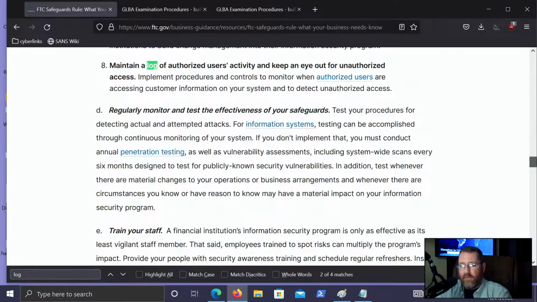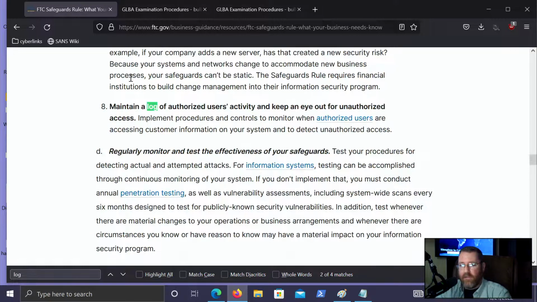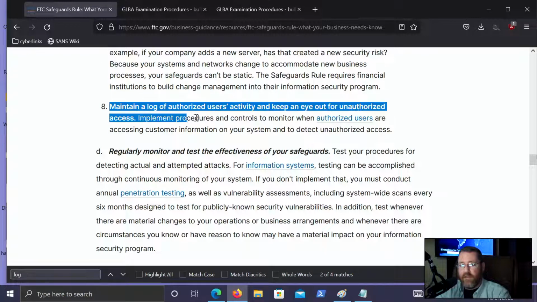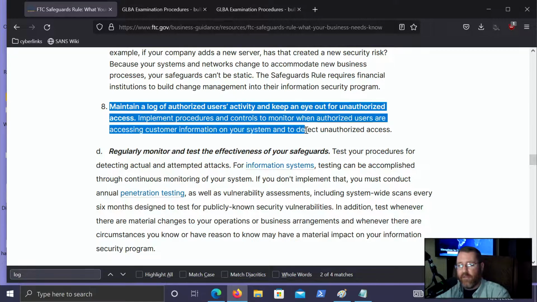Specifically what we're talking about here is logs. Maintain a log of authorized users' activity and keep an eye out for unauthorized access. Implement procedures and controls to monitor when authorized users are accessing customer information on your system and to detect unauthorized access. I think this really throws people for a loop.